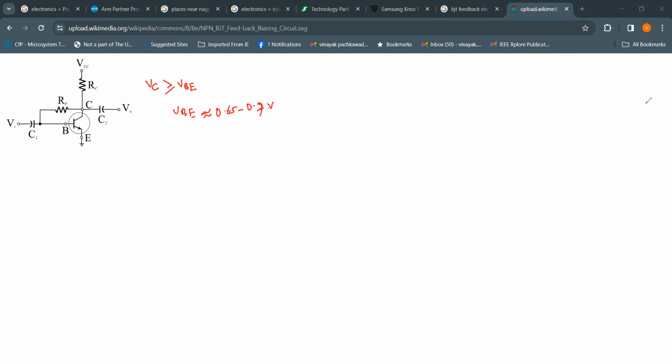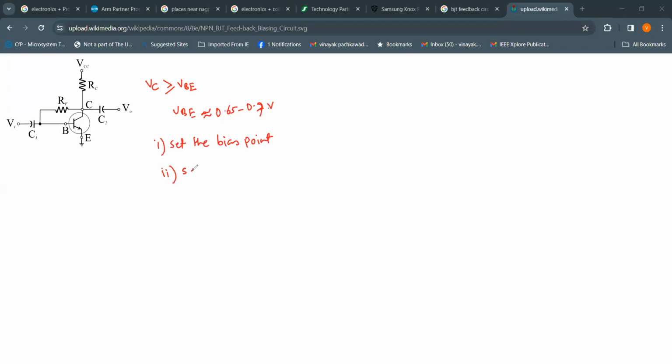Now, there is one more important point to be noted here. From the collector, we are using the resistor RF to the base pin. So this resistor is serving 2 purposes. One, it is helping us to set the bias point. So that's the first purpose of using RF.